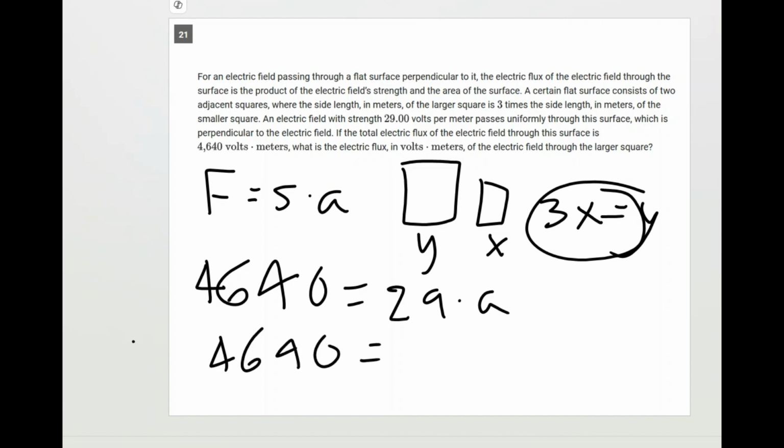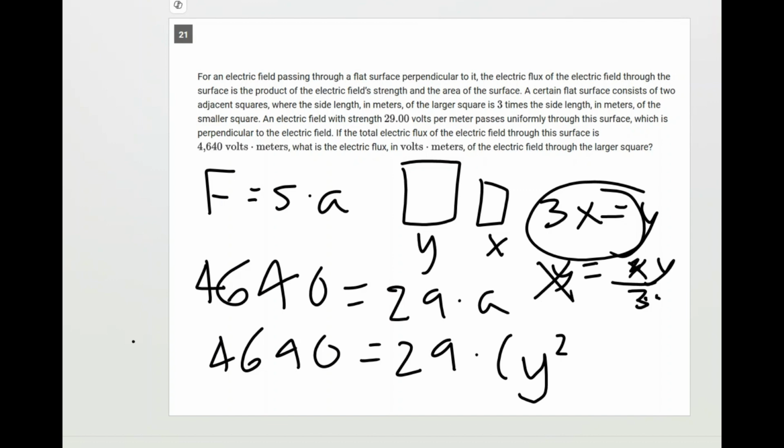So what it's going to end up being is 4,640 equals 29 times y squared, and if you move that over, y equals 3x, so x equals y divided by 3, and so y squared divided by 9.